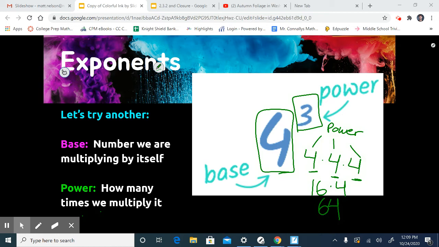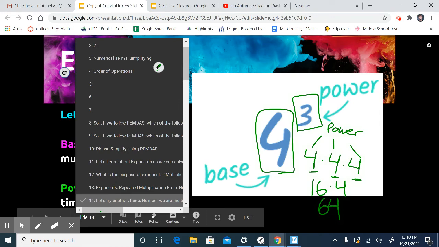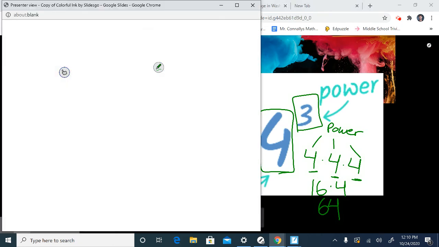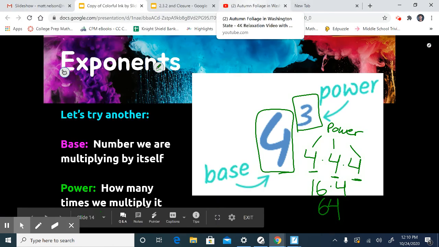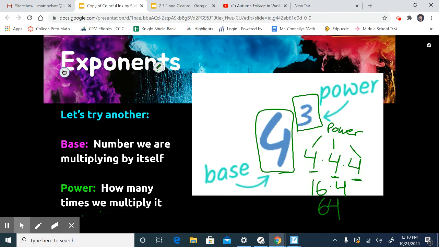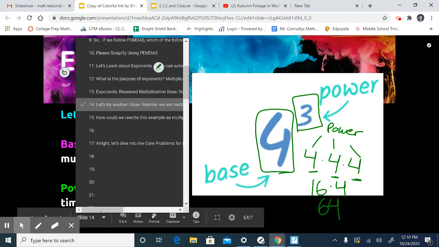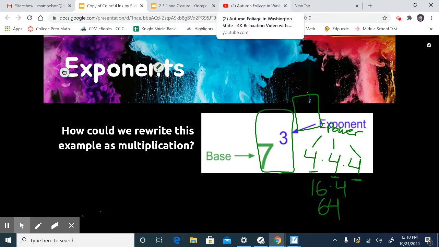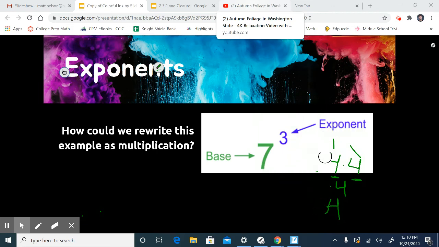All right, moving on to the next problem. How would we write this? Think about what number we're going to be rewriting, and then think about which number tells us how many times we're going to be rewriting it. Our base and our power.